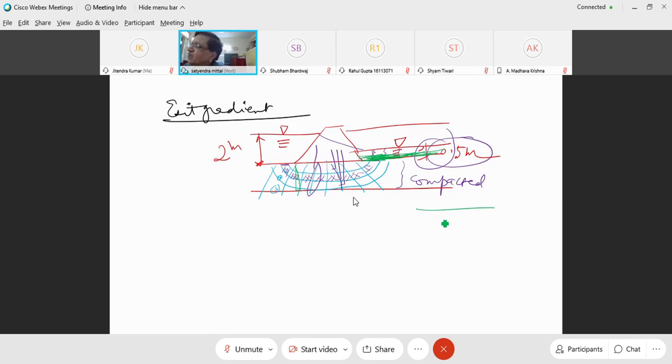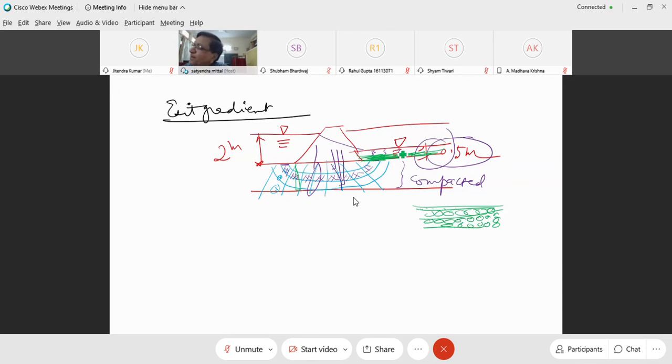What is a filter? It means I stack the boulders in different layers of different sizes: bigger size of boulder at the bottom, a little less on top, and a little less on top of that. So this is the filter.